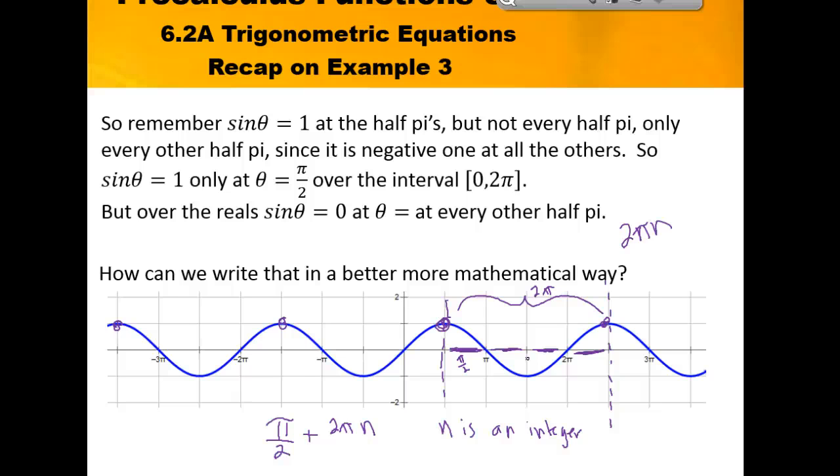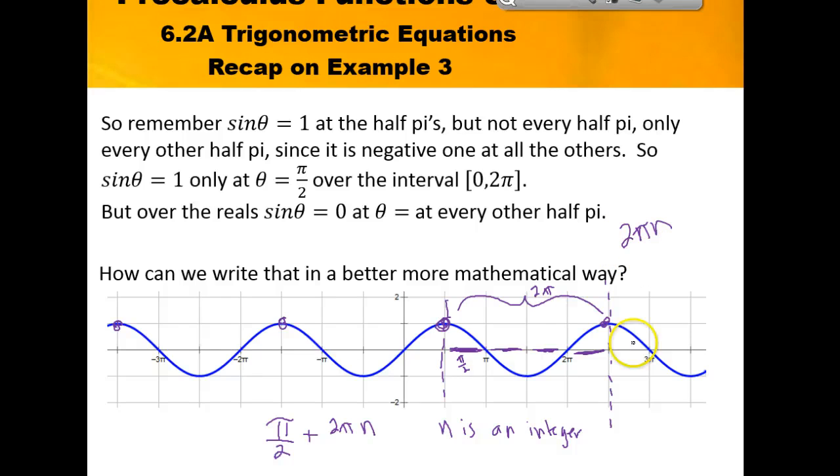So that's why we did 2 pi n. We're going to have to decide that in our solutions, and so the solutions get harder. Deciding if it's 2 pi n or pi n is a little more difficult, and we'll go over that as we go along.